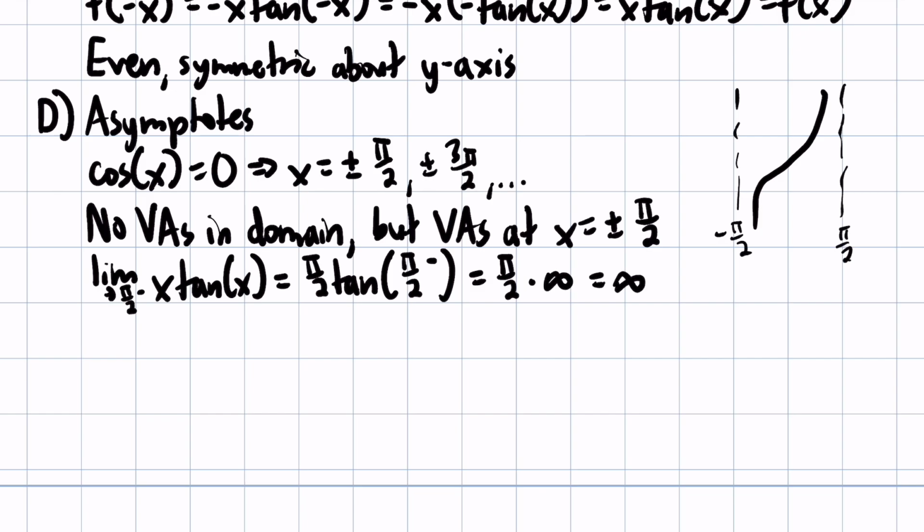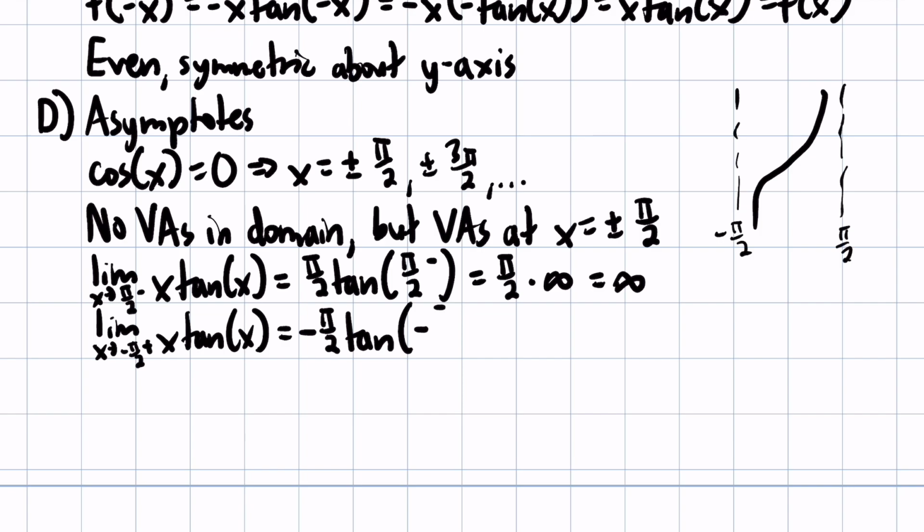Next, we want to take the limit as x approaches negative pi over 2 from the right. So that's going to be negative pi over 2 times tangent of negative pi over 2 from the right. And as you can see from this graph as well, as we approach negative pi over 2 from the right, we're approaching negative infinity.